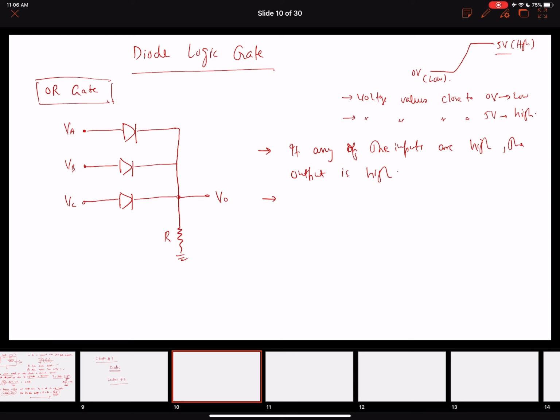Now looking at the circuit, for example, if VA, VB, VC, or any of these are 5 volts, this means that their respective diodes will be forward biased and on, will start conducting, and this means that our V naught will become high as well.